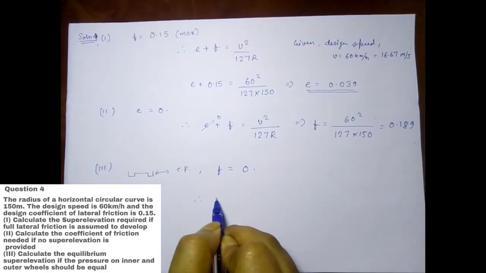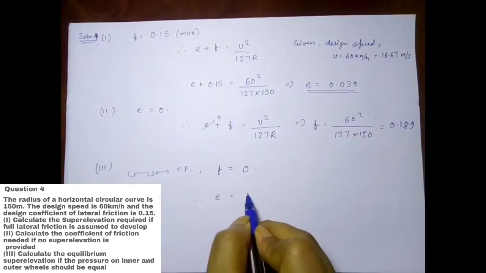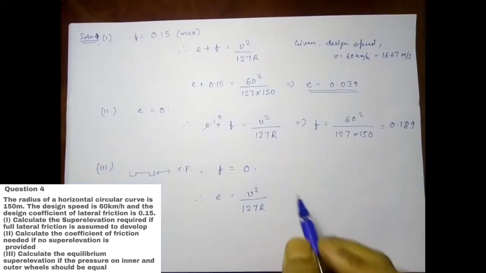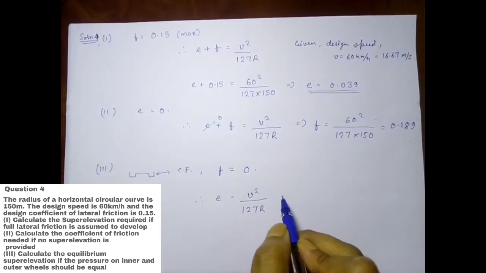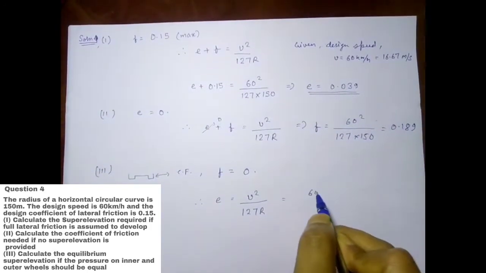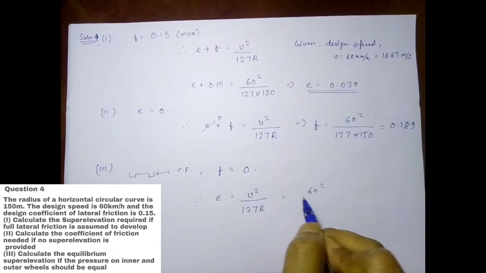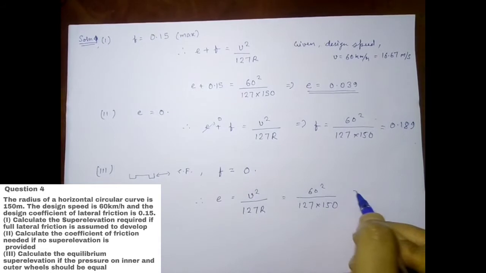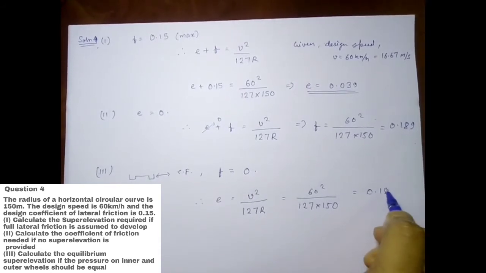So therefore e will be equal to V square by 127R, as f is equal to 0, and that is equal to 60 square upon 127 into 150, and that is again 0.189.